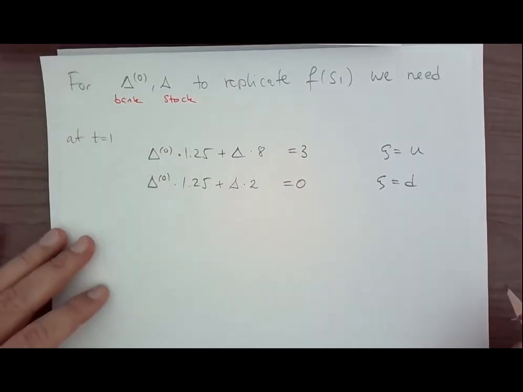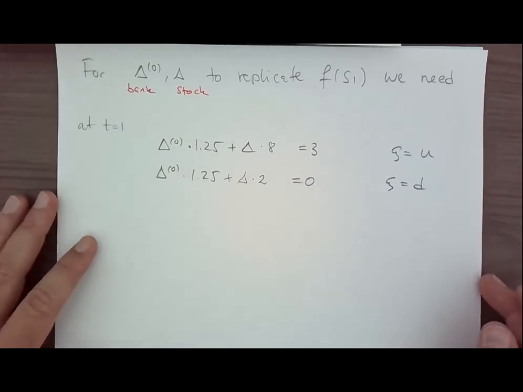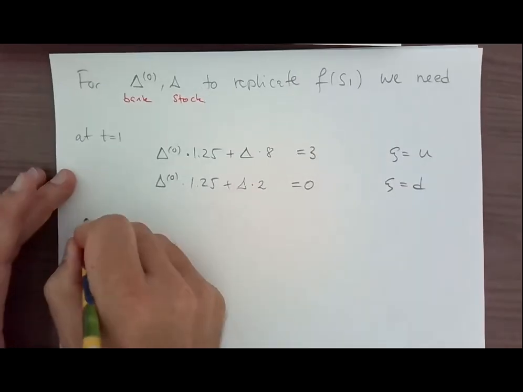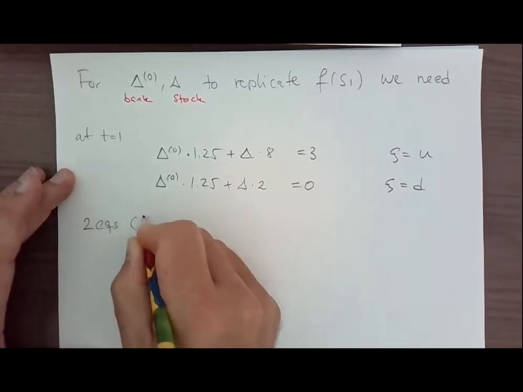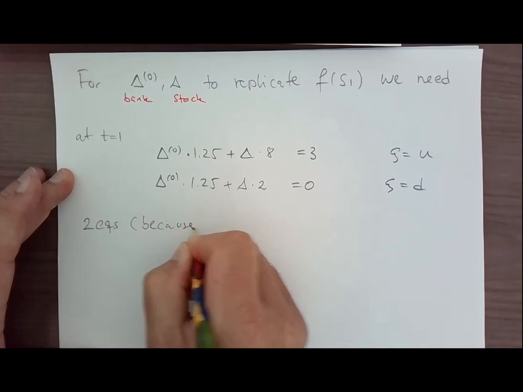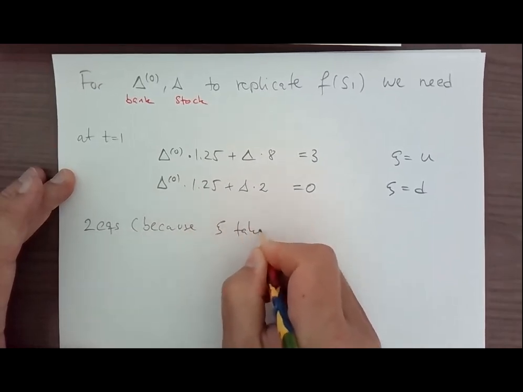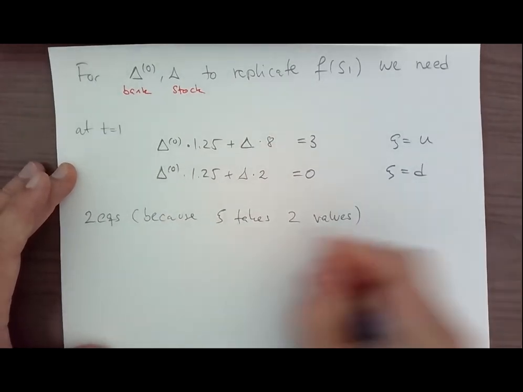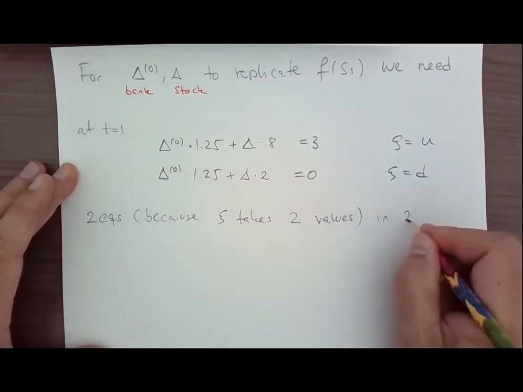These are my replicating equations, and as you can see, there are two. There are 2 because we have a binomial model. There are 2 equations because psi takes 2 values, and there are 2 unknowns.